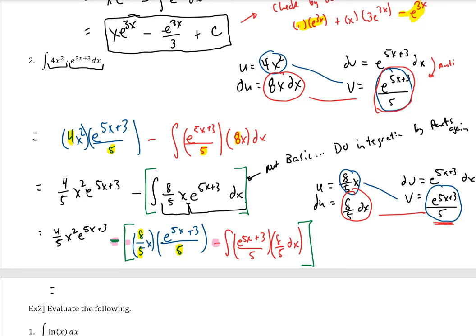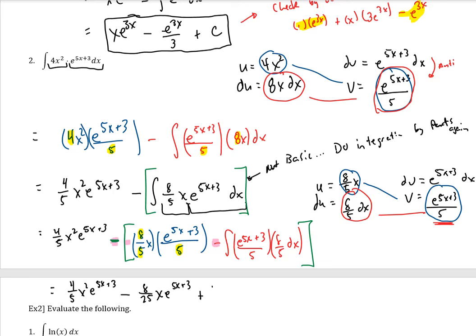So equals. So 4/5 x squared e to the 5x plus 3 is just copied. And then it now is minus this thing in the blue, but 8/5 times 5 is 25. So 8/25 x e to the 5x plus 3, like that. And then we had minus a negative, but it would become plus.